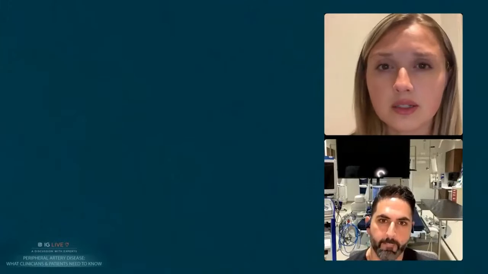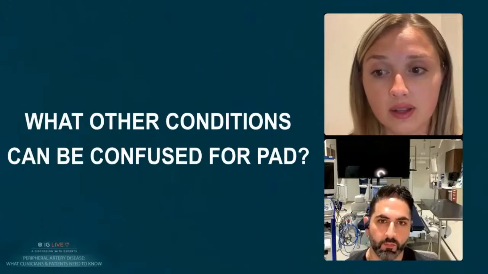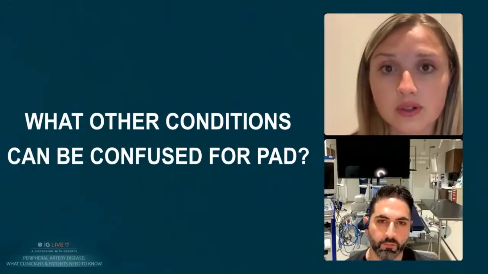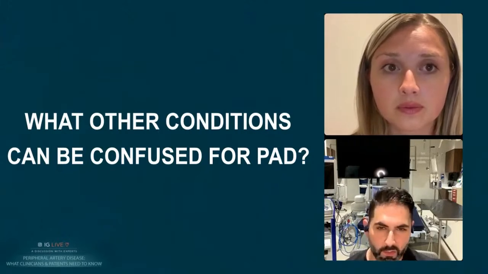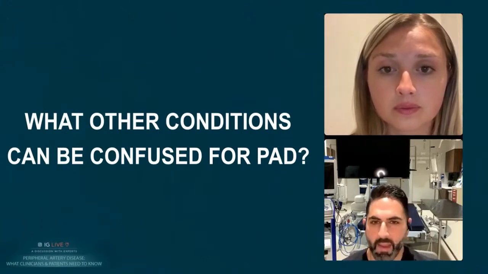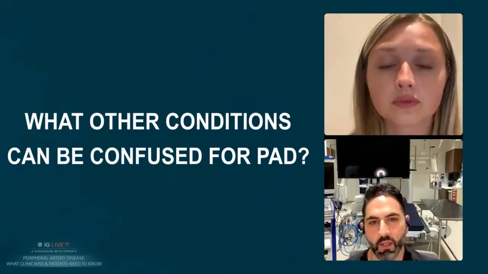And what can be confused for PAD? Other conditions that people may think they have it and don't, or vice versa. Two major ones come to mind, spinal stenosis or anything related to the back, neurological pain, sciatica, shooting pains down their legs, usually in the back of the legs and the buttocks. That ends up being a really big one.